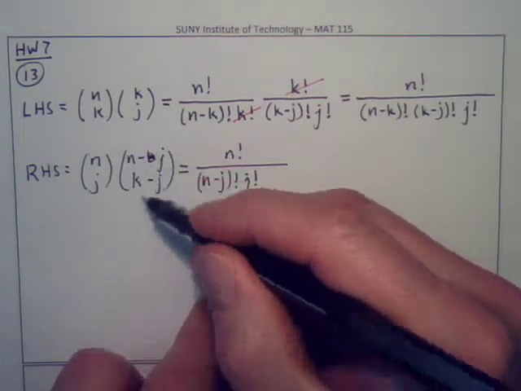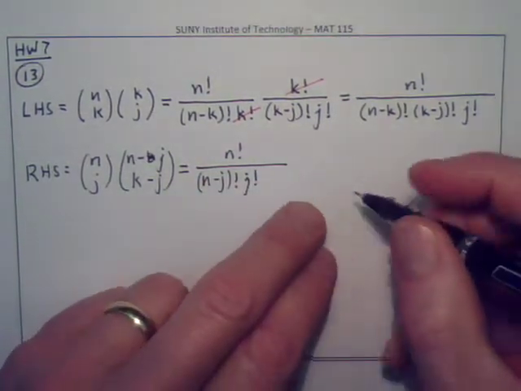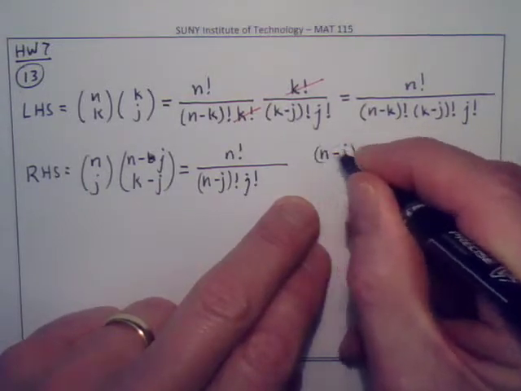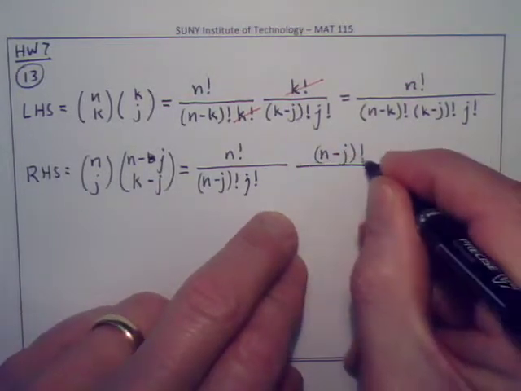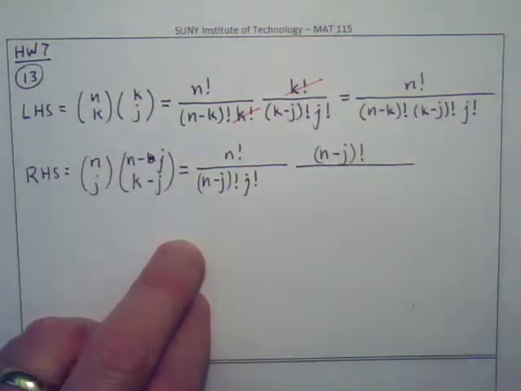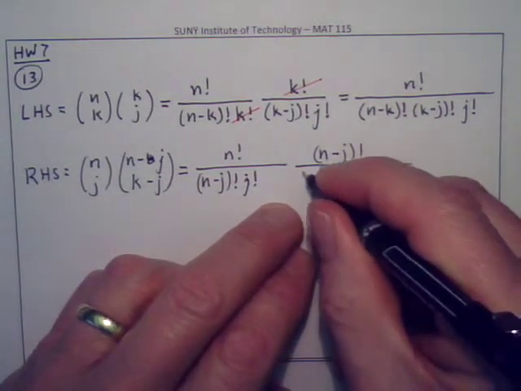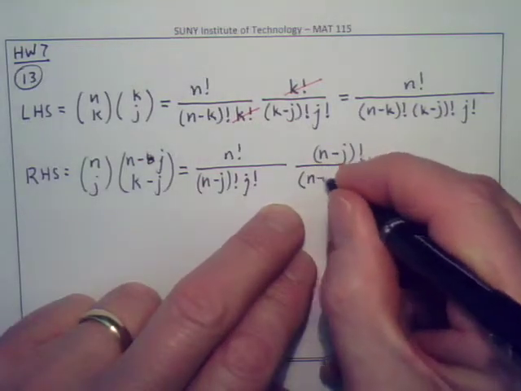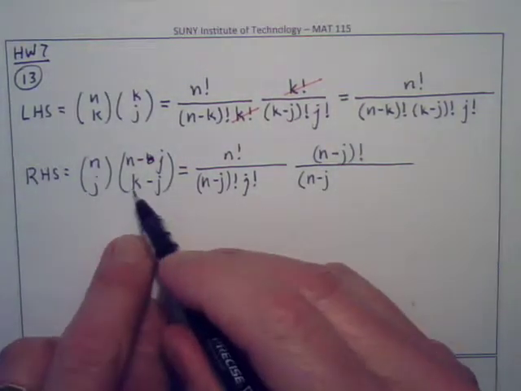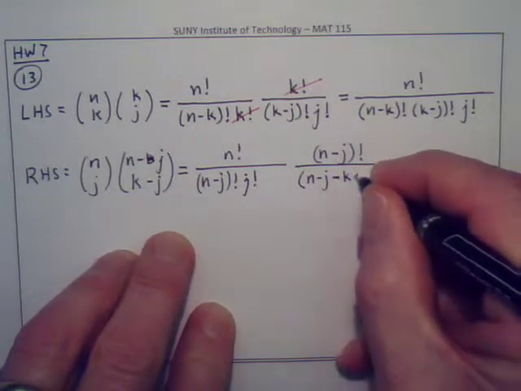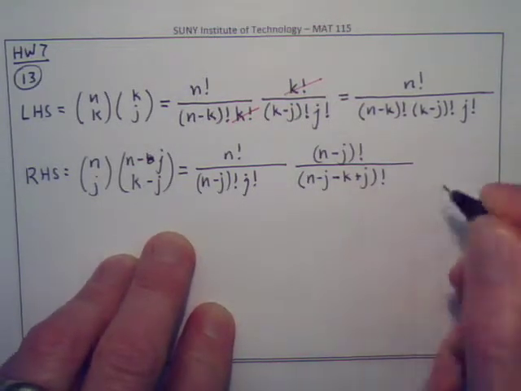Now this one's a little bit more tricky because I've got the minus j's. I have the one in the top, factorial, and then I have the one in the top minus the one in the bottom. So I'm going to write that as n minus j. Now if I subtract the quantity k minus j, I'll have minus k plus j, and that whole thing factorial.